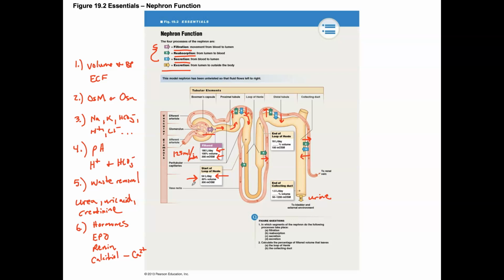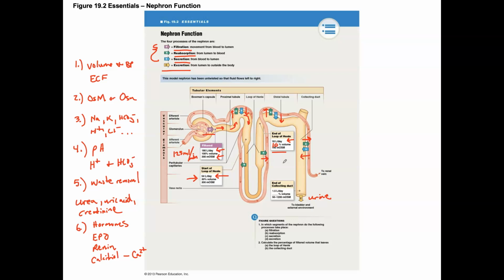But on average, by the time the nephron loop has processed, we're left with about 18 liters of volume per day. That works out to be about 10%. So 10% of the volume that we filtered actually makes it into the distal convoluted tubule. And typically, we're talking about a hypoosmotic concentration. So rather than being 300, we're down to about 100 milliosmoles.